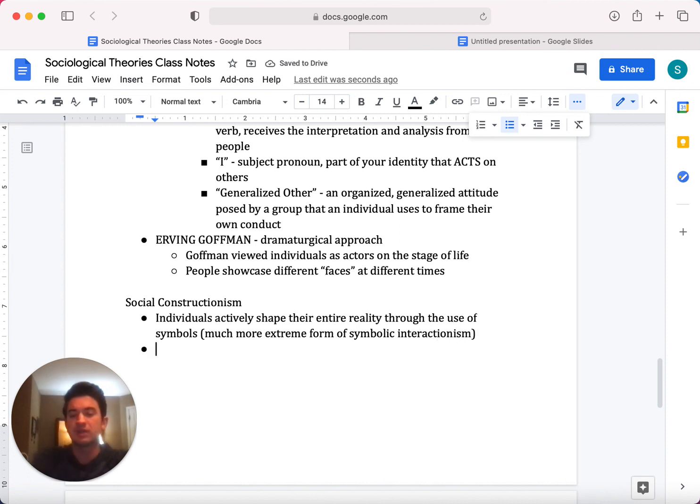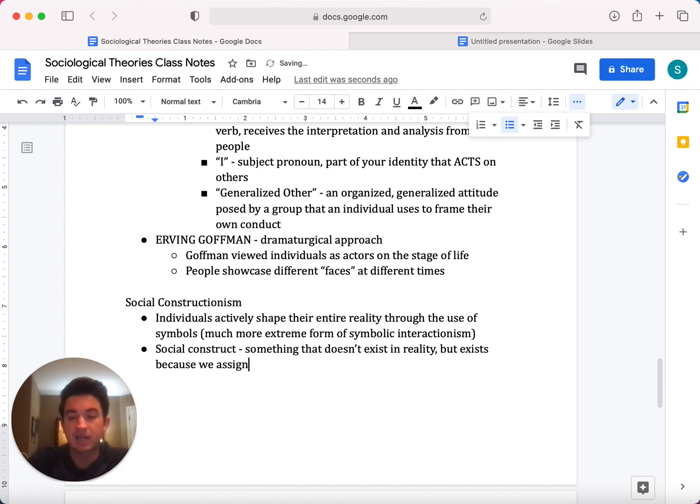But before we do that, I want to talk about what a social construct is. Okay, so a social construct is basically something that doesn't actually exist in reality, but exists because we assign meaning to it.